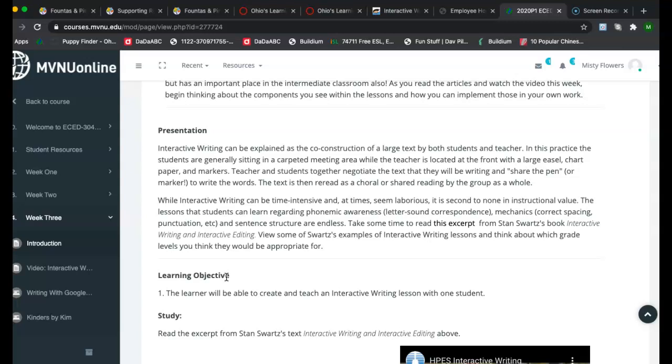Yes, it can be time intensive and at times seem laborious, but the instructional value is second to none. The students are learning much about, one, phonemic awareness, phonics, mechanics of writing, sentence structure.